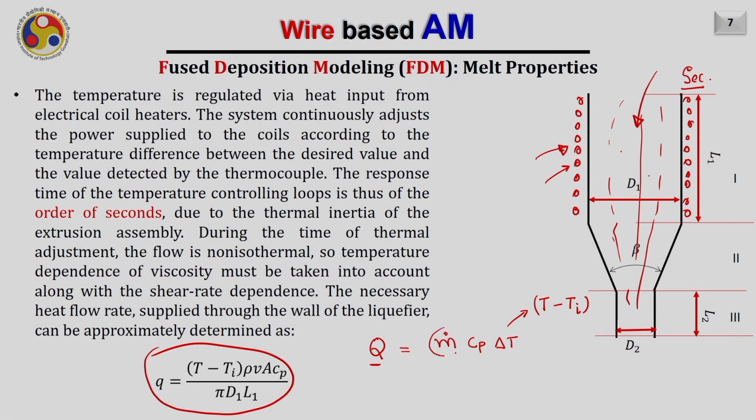Now this mass flow rate can be obtained by rho Va, that is the cross section of the liquefier in the first zone, times the average velocity of the melt, times the density.